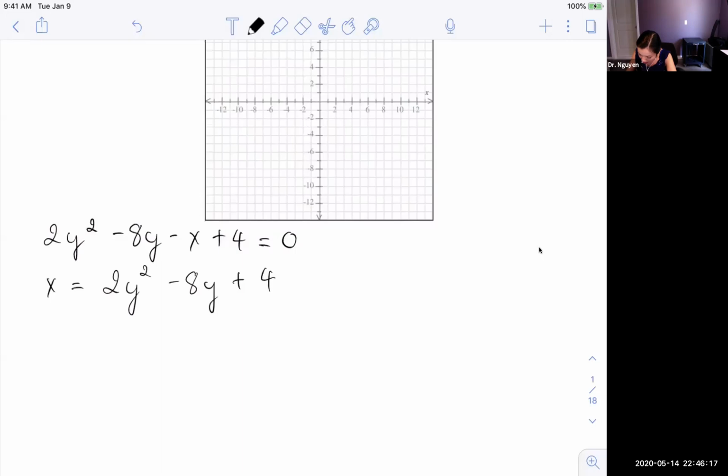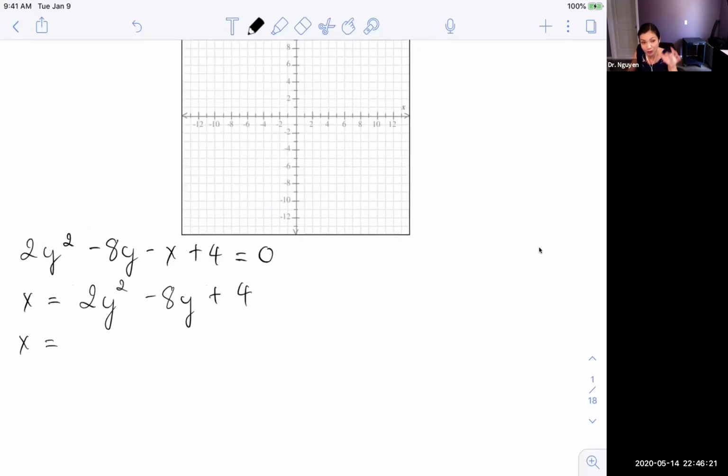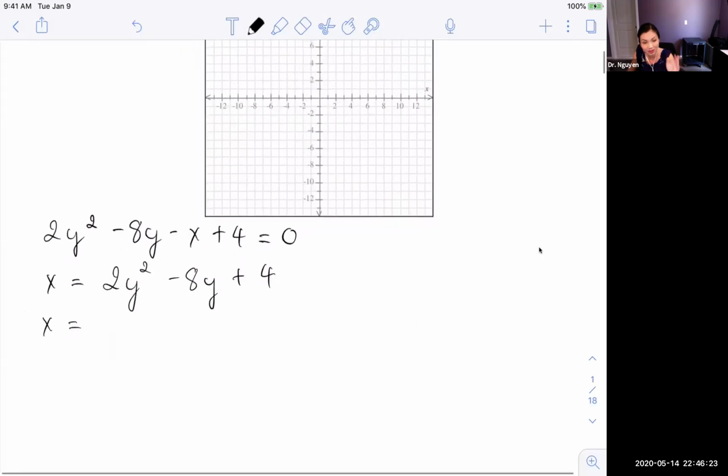Now I'm going to show you the way. When you look at this problem, I know everything is divisible by 2, so technically we can just get rid of that 2 by dividing everything by 2, but don't do it. We have to factor it out. So if I factor out the 2, I'm going to end up with y squared minus 4y.